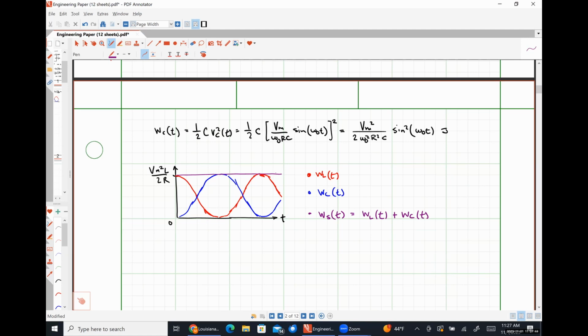So the total energy stored in our system is a constant value, and we can prove this mathematically very easily, right?